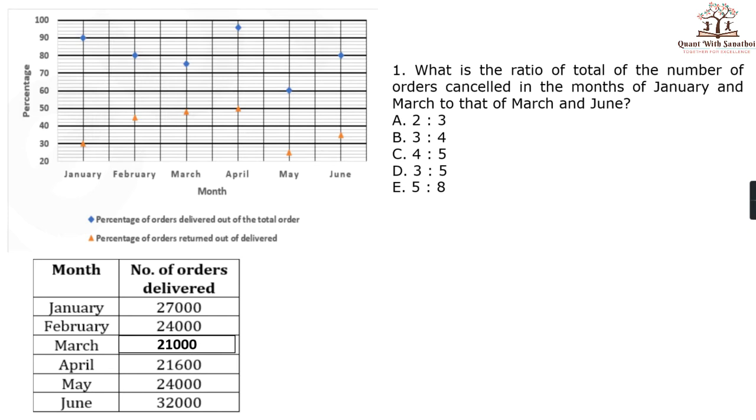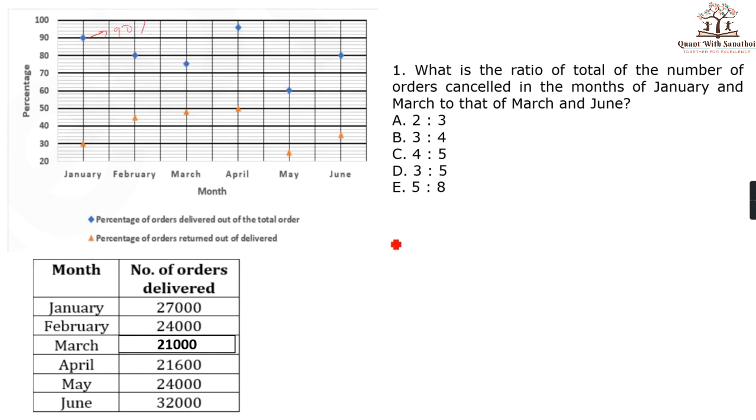What they have given is the number of orders delivered, and in the graph the diamond sign indicates the percentage of orders delivered out of total orders. Okay, now for January it is 90%.